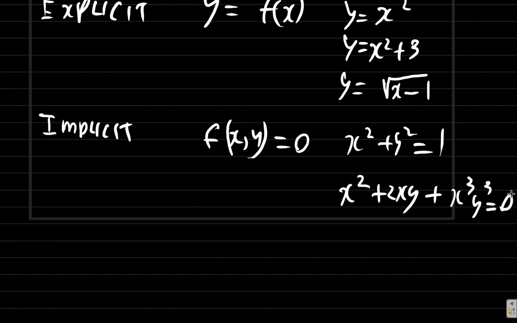This one you wouldn't really be able to transpose like that, but that's an implicit function. You have the x and y's mixed up together. It's not necessarily equal to 0, it could be equal to some other number. Alright? So those are the explicit functions and the implicit functions, right?